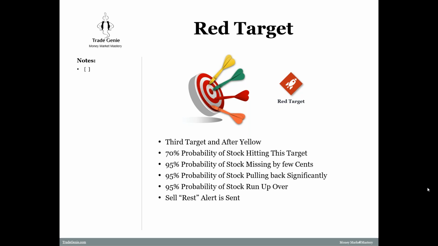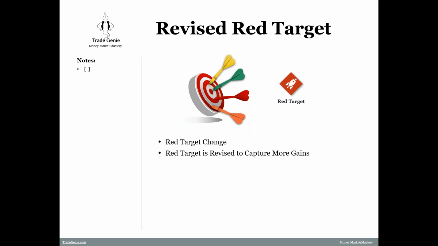Then the red target. The red target is the target set at the major resistance. It's the third target, after the yellow target. There is a 70% probability of hitting that target.